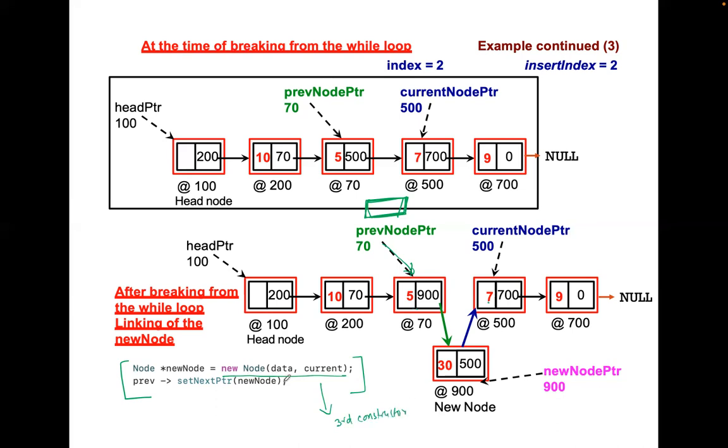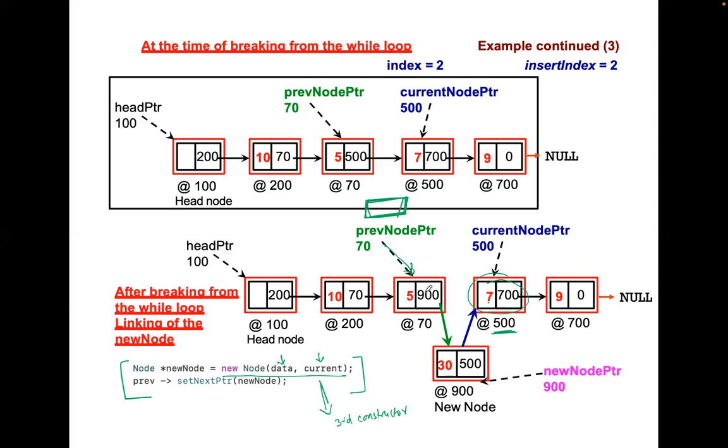The third constructor takes a value and the address of the next node, the next pointer. What will be our next pointer? After 30 we want to have the node 7. This node has address 500, so 500 will be our next pointer value.